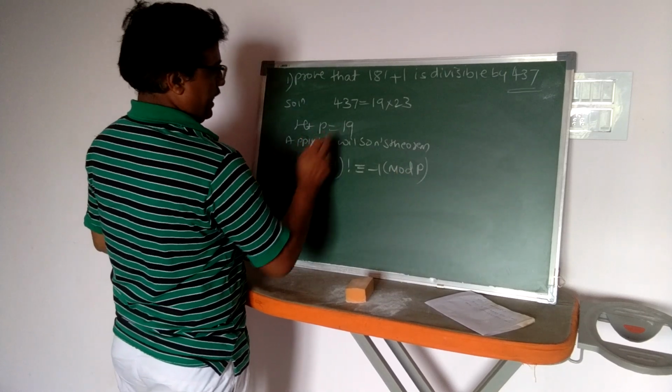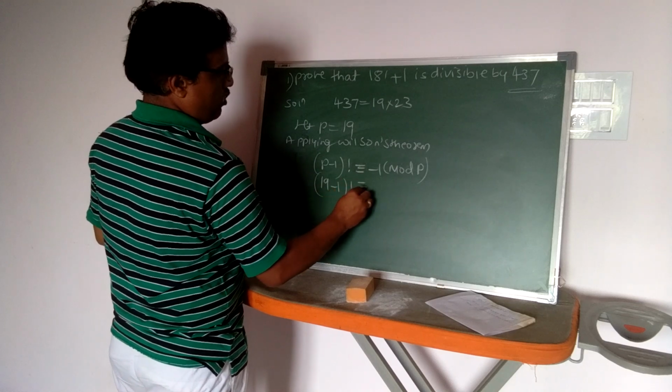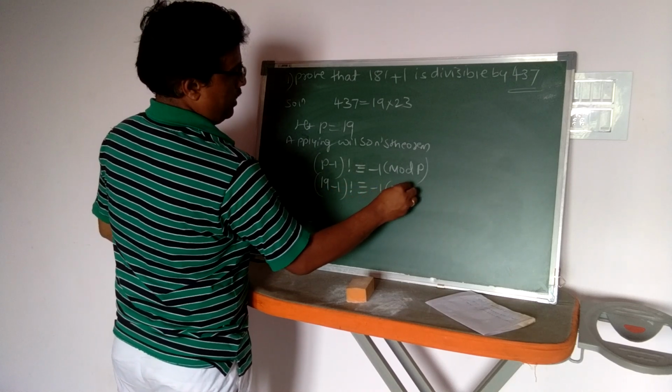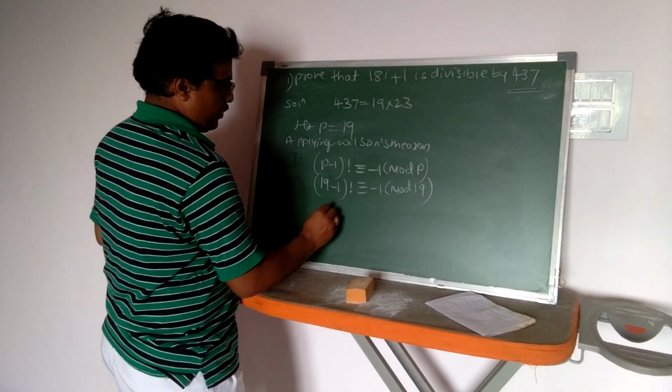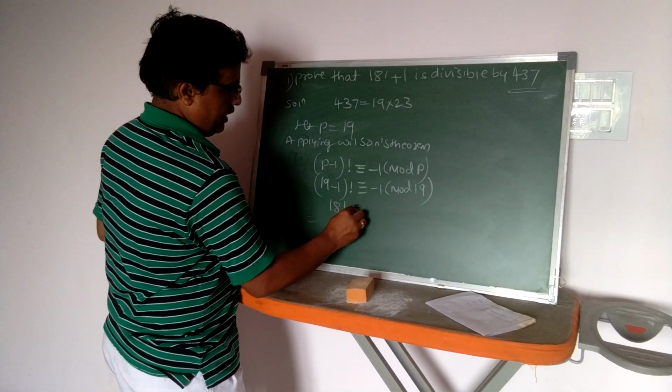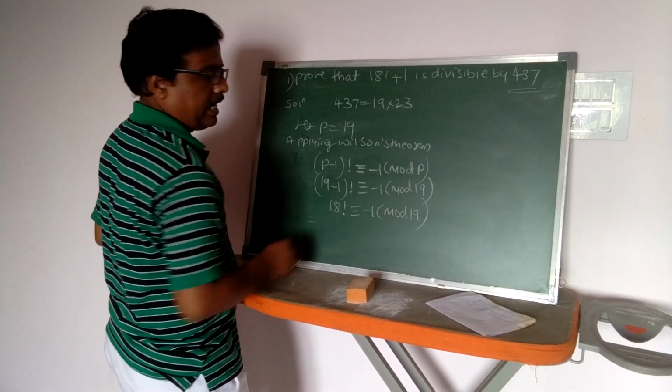Now here p is 19, so (19 minus 1) factorial is congruent to minus 1 mod 19, or 19 minus 1 is 18, 18 factorial is congruent to minus 1 mod 19.